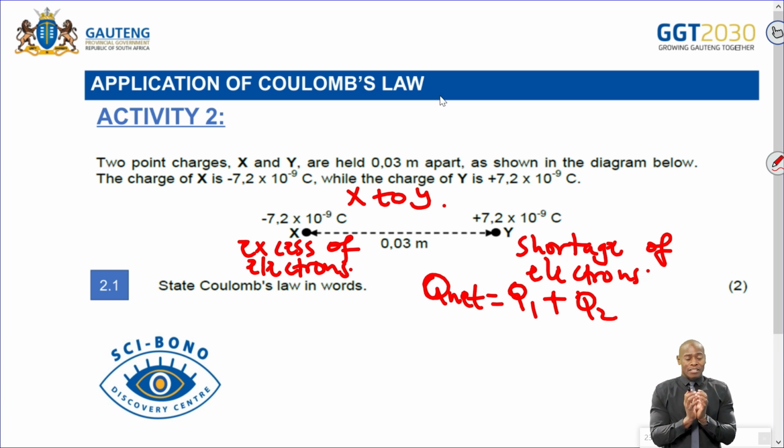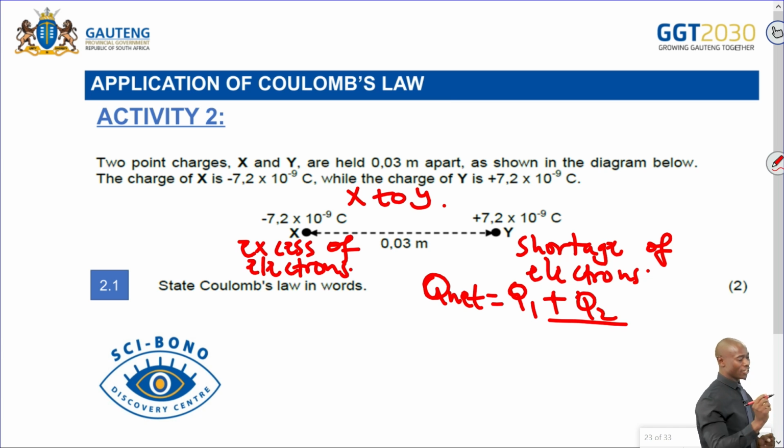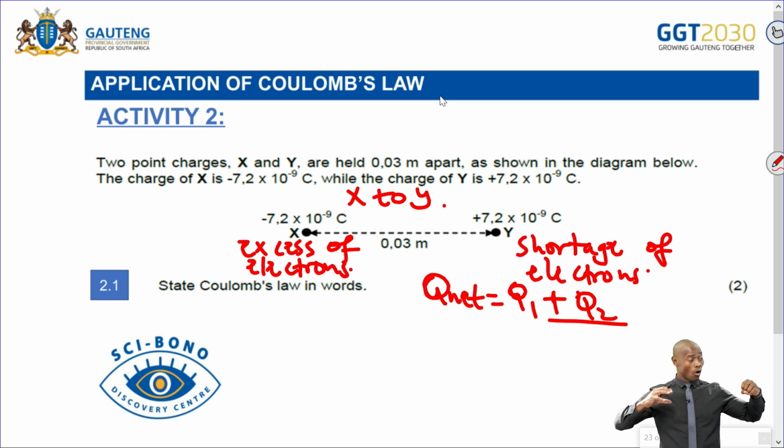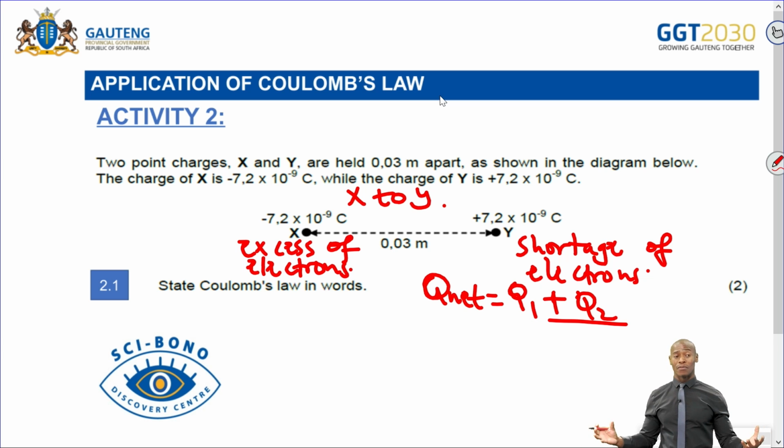But let's not confuse net charge with the charge on each object after contact. So you can calculate the net charge here. Before the spheres are brought into contact, if the net charge is 5 coulombs, then even during contact it will be 5 coulombs, and even after contact it will be 5 coulombs.